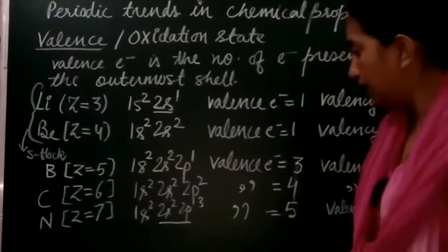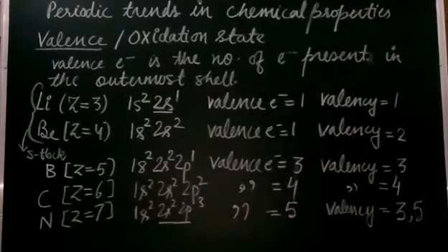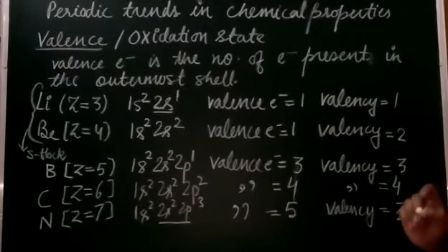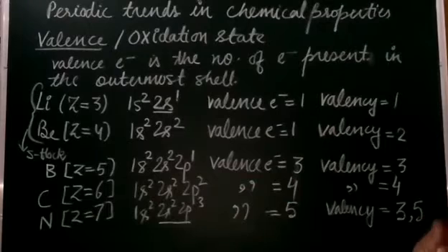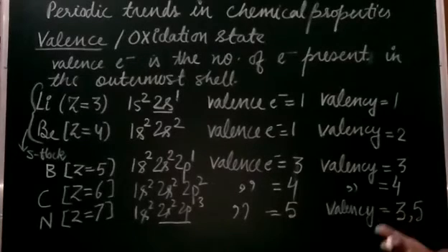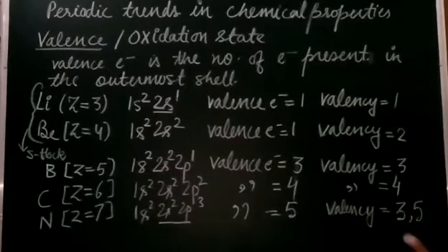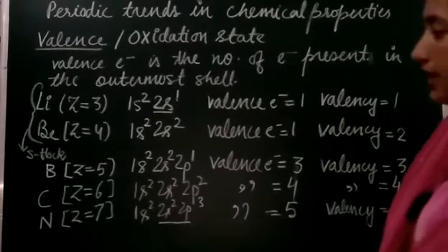Again, I am repeating that the valence of nitrogen is 3, but the members of the nitrogen group, group 15, that includes phosphorus, arsenic, antimony, bismuth, since they have the d subshell available, that is vacant d orbitals, they can extend their valency to 5 also.